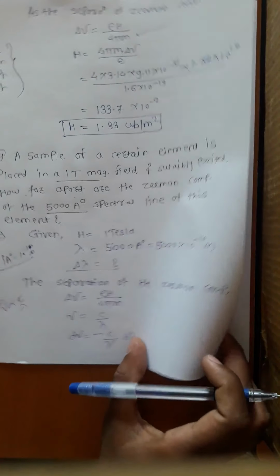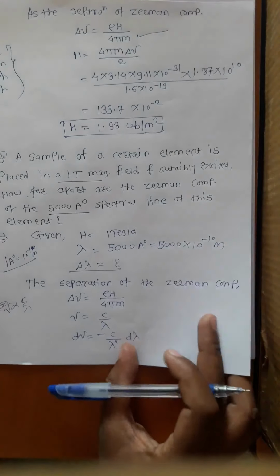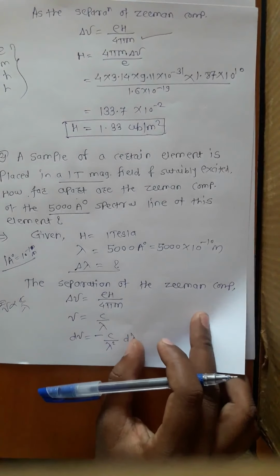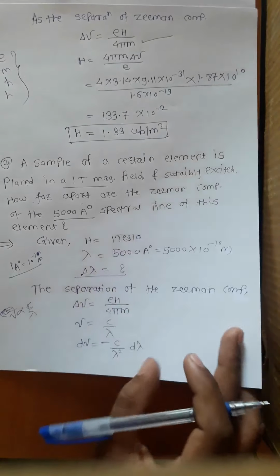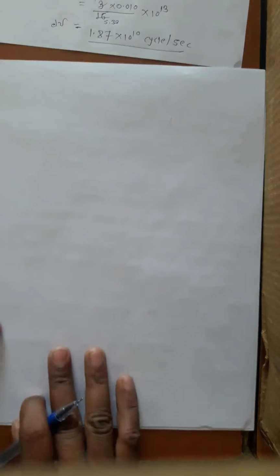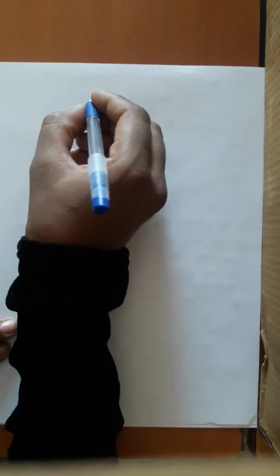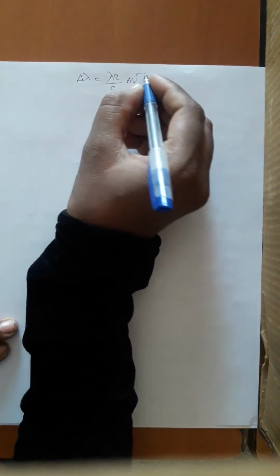Now rearranging this equation, we have to calculate the value of delta lambda. Therefore delta lambda is equal to lambda square upon C into delta nu.